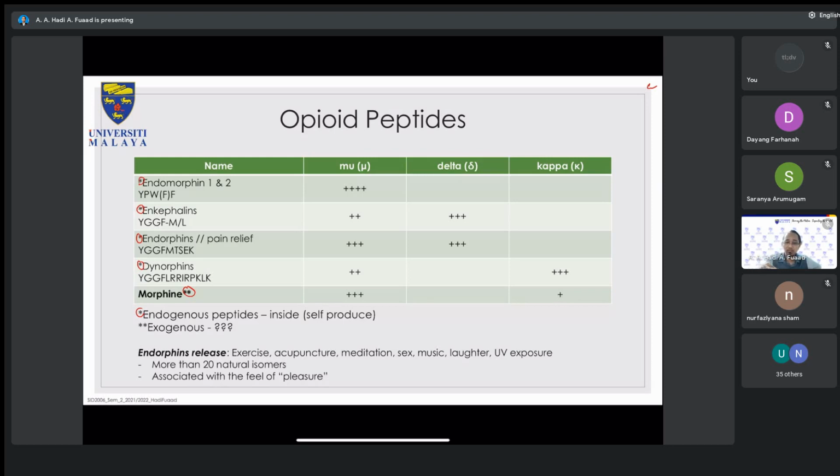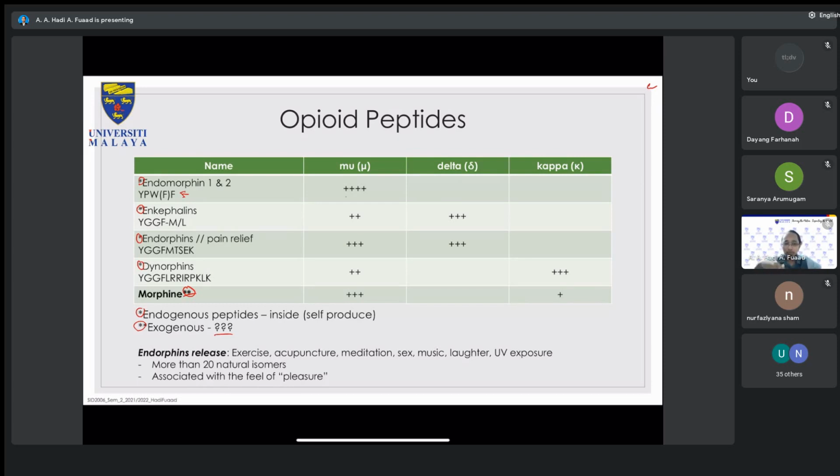Even though it acts on opioid receptors, it doesn't mean we are trying to get ourselves addicted, but we'll talk about that in a few seconds. The double star means exogenous: endogenous is from inside, exogenous is from outside, like morphine, heroin, and whatnot. They belong to the same category, so I'll just put that as one example. And you can see here endomorphin 1 and 2. That is the peptide sequence.